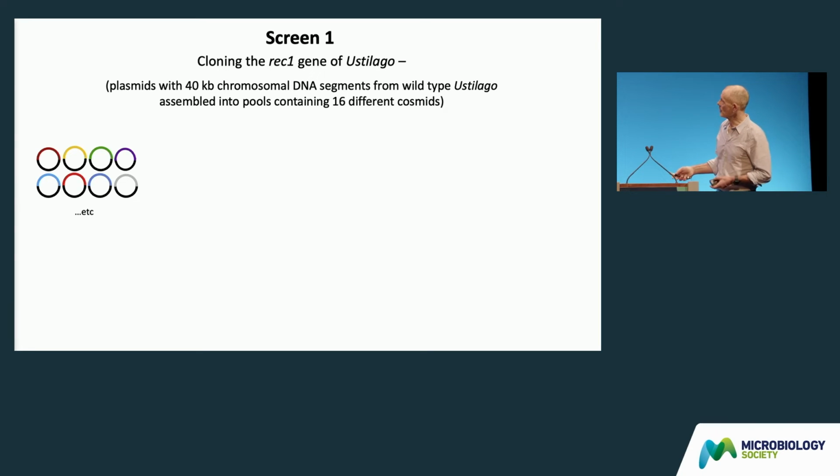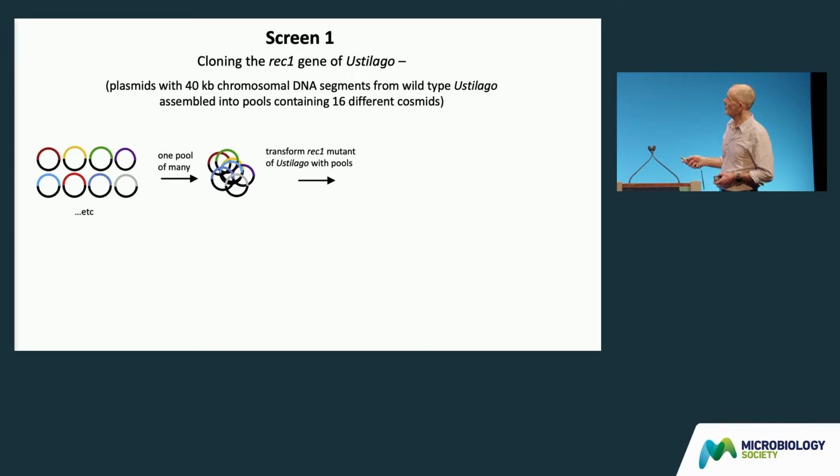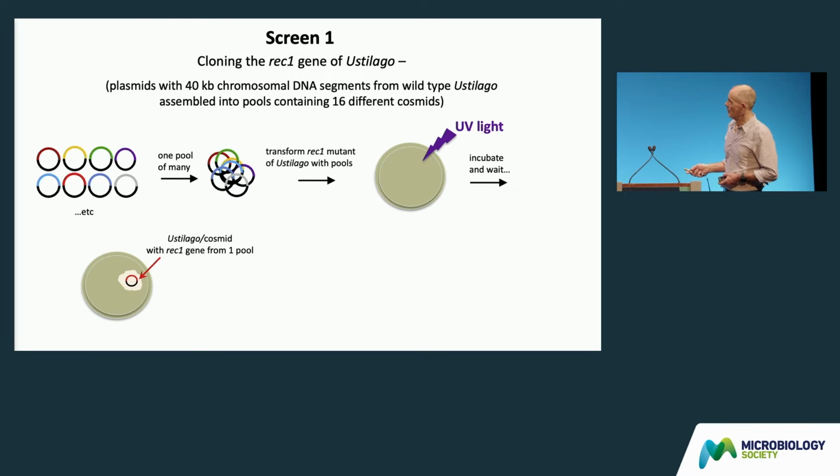Obviously, if a plasmid, a cosmid, contained the functional gene, then upon transformation, we'd expect the recipient to become UV resistant. So we did this in pools. This is positive selection from pools. We made many of these and transformed them into the REC1 mutant, subjected them to UV light, left them for a few days, and then I got one colony after several thousand transformations, I think.